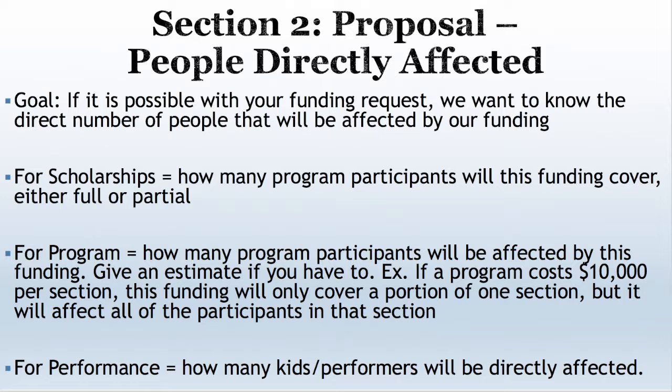For example, if you want supplies, but the supplies will only cover one section of your program, then only identify the participants in that one section of your program. And for performances, how many tickets will this buy, or how many kids will be in the performance? Just try to be as specific as you can in identifying how many people will directly be affected by the funding.